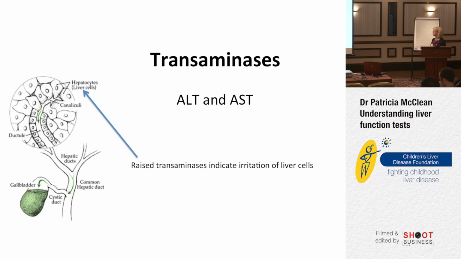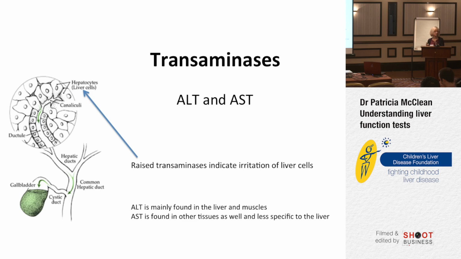But they are mainly based in the liver cells. That would be nice if that was the only place they were based, but of course that's not necessarily the case. ALT tends to be a bit more specific to the liver, although it can be produced in muscle cells as well. AST is also found in other cells throughout the body, and therefore it tends to be a little bit less specific to the liver.